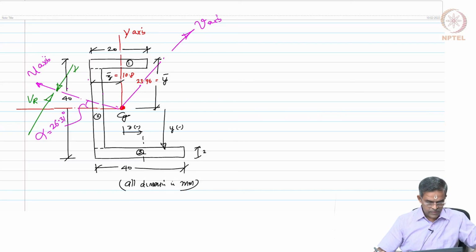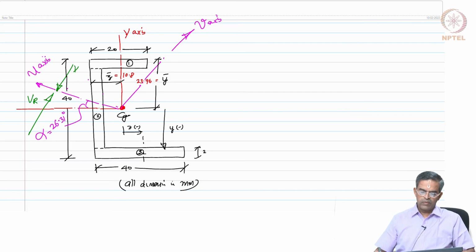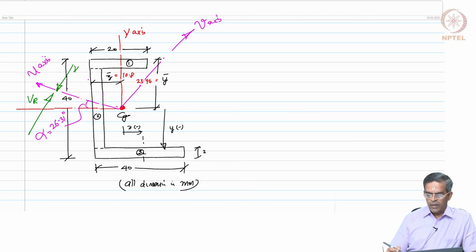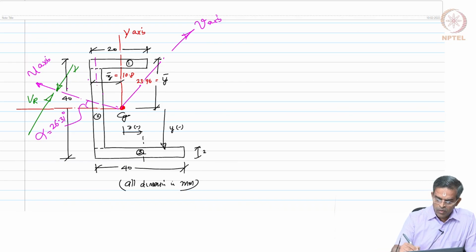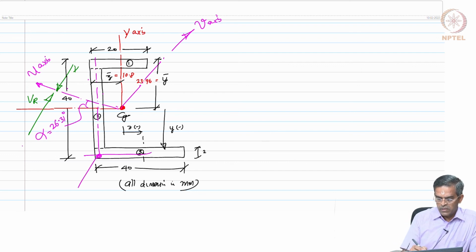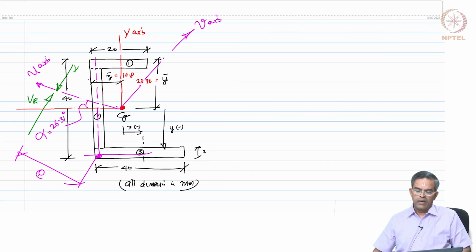This is the principal axis. Okay. So, I call this as VR. Now, if I take moment about this point and I call this distance as e, I have an advantage.